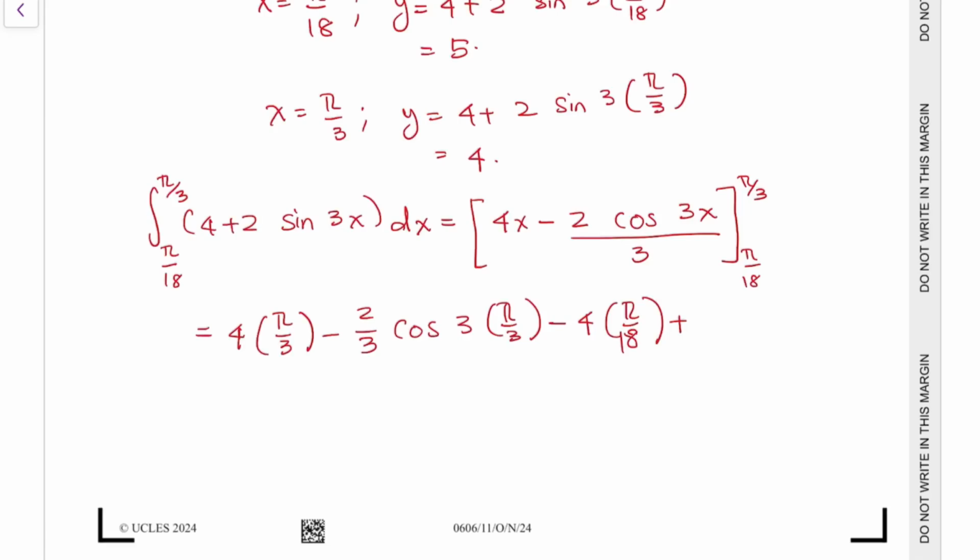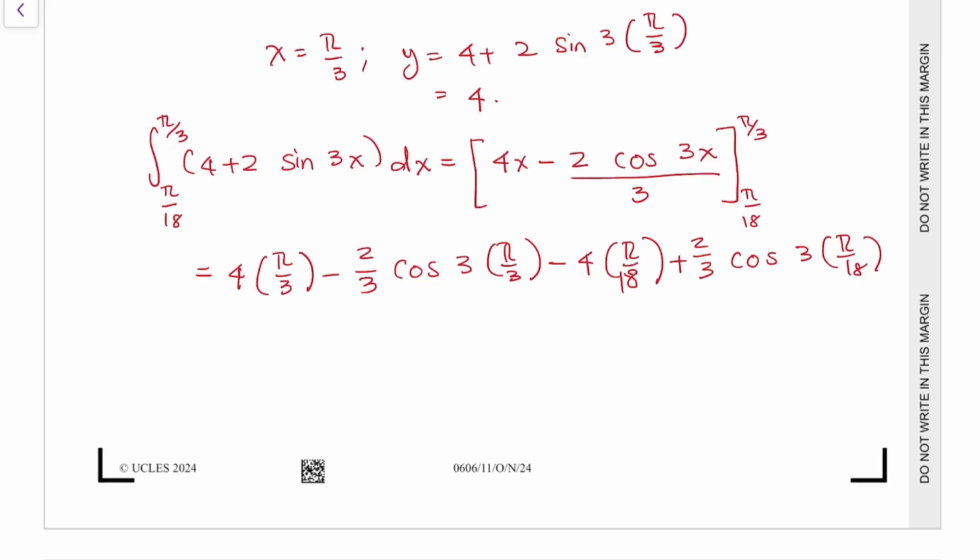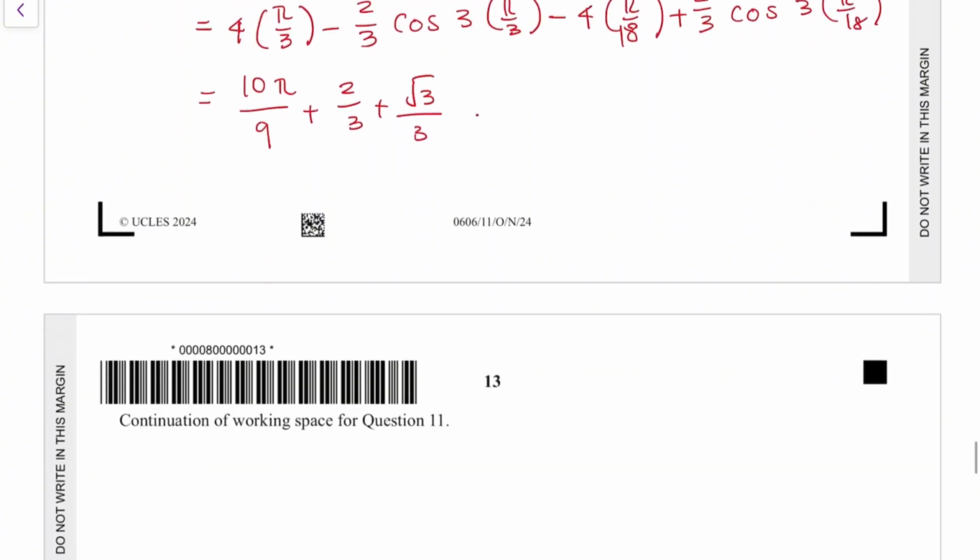All right, plus 2 over 3 cos 3 times pi over 18. Right? And this would give me, in terms of pi, 10 pi over 9. Without pi, I have here 2 over 3 plus 3 over 3. Okay, but don't stop there because you haven't subtracted the trapezium.